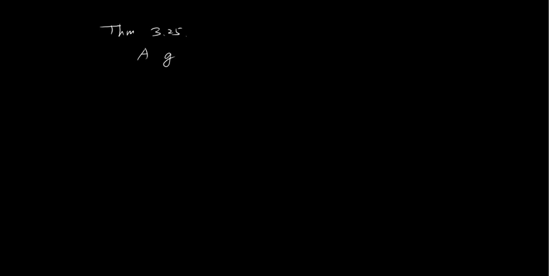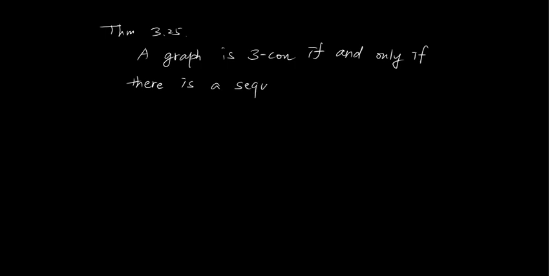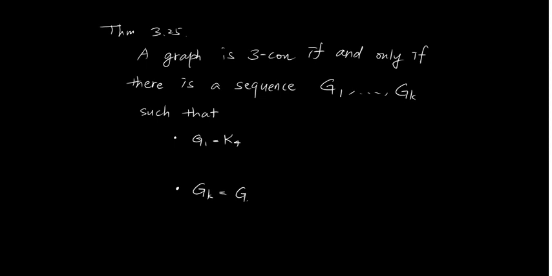It says that a graph is 3-connected if and only if there is a decomposition such that the same happens again. G1 is the building block, but now G1 is equal to K4. And Gk, the last one, has to be G itself.